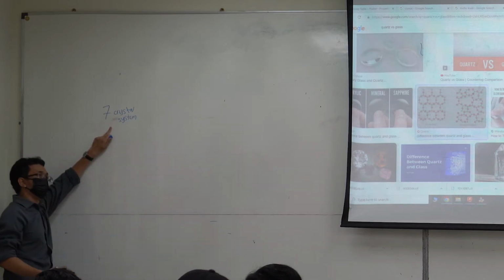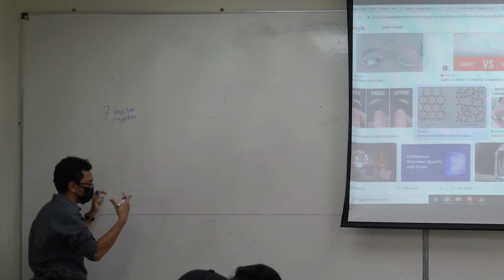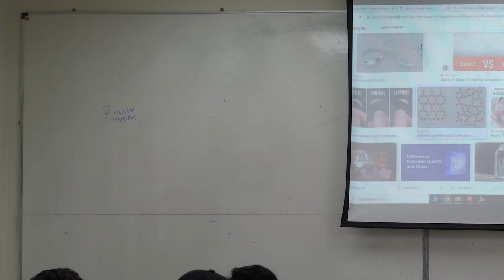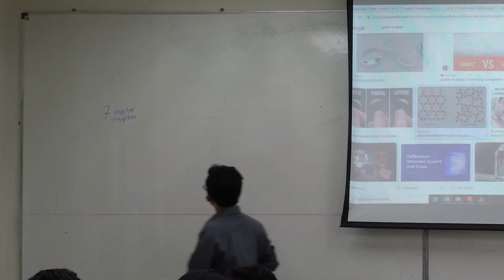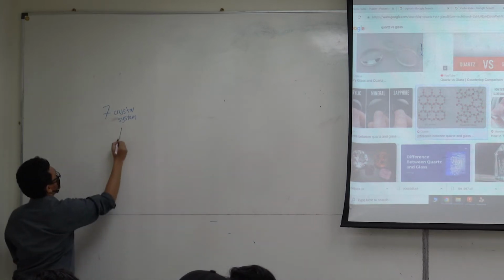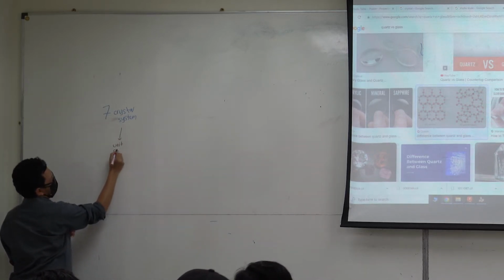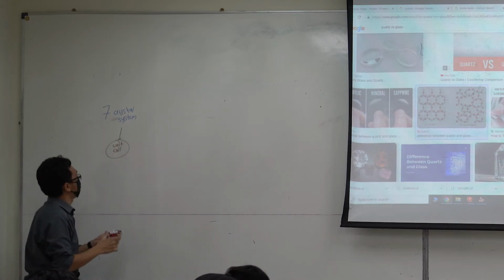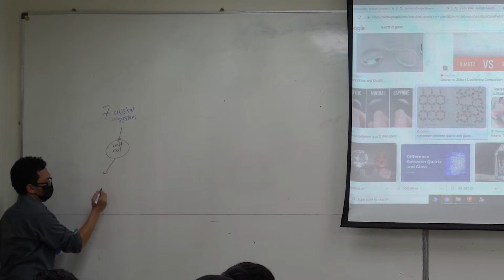But basically, how you get the 7, let me put it here, so everything is much easier. Okay, 7 crystal systems. Normally they talk about the unit cell. I put the unit cell first, later I will explain it. And then from this unit cell, meaning that, for example, like a cube.